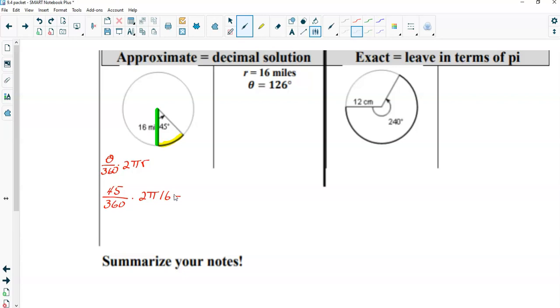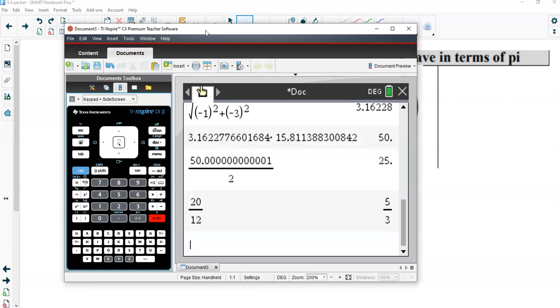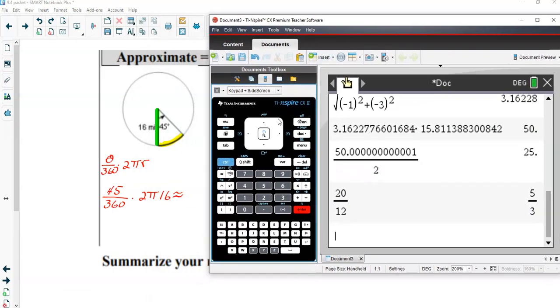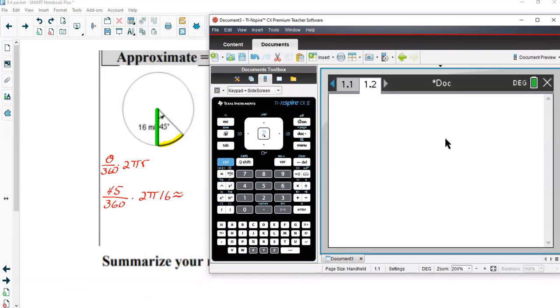So that would be 45 over 360 times 2 pi 16, right?